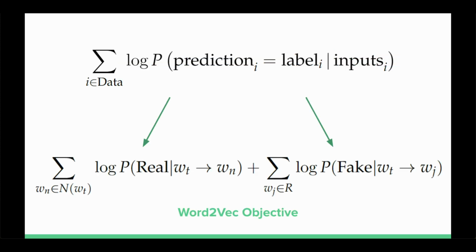So finally, it's this sum of log probabilities that is used as the Word2Vec objective. Let's walk through how we get from the top to the bottom. For Word2Vec, the inputs are pairs of words to be classified. The labels are whether the pairs are real or fake. And lastly, the sum has just been split into two cases based on their label.